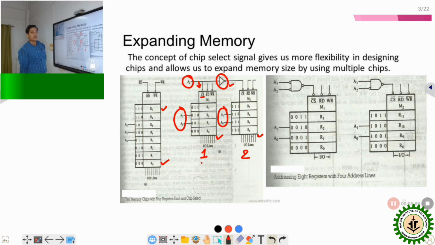So the address range of the memory here is that A0 and A1 will vary 00, 01, 10 and 11, but A2 remains 0 for chip 1, whereas for chip 2, A2 will be 1 throughout, while A0 and A1 vary from 00 to 11. That's how we can expand the memory.